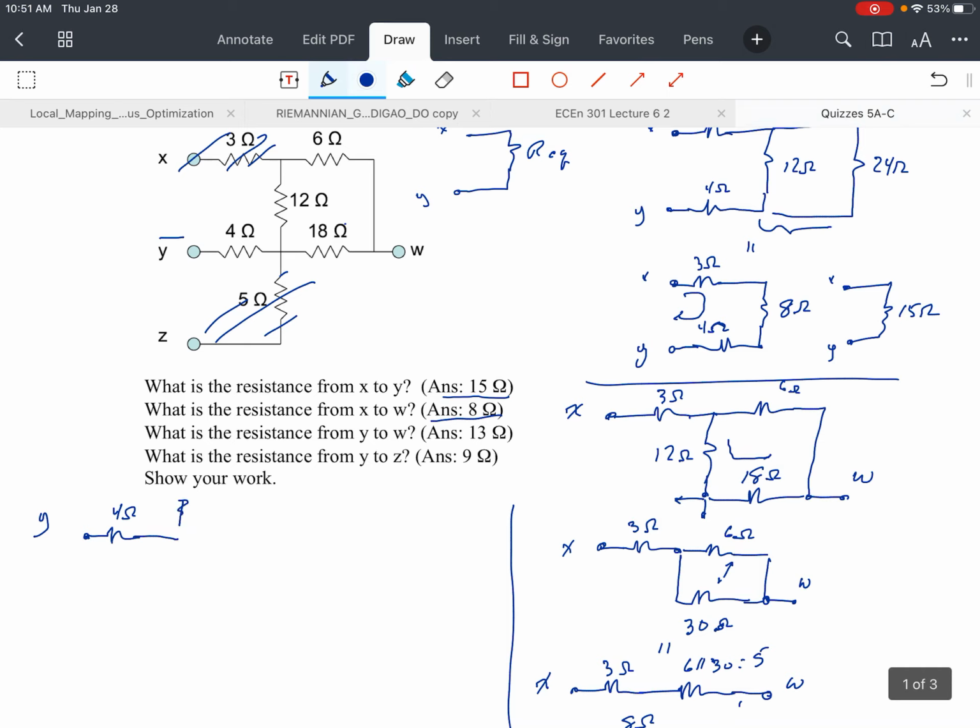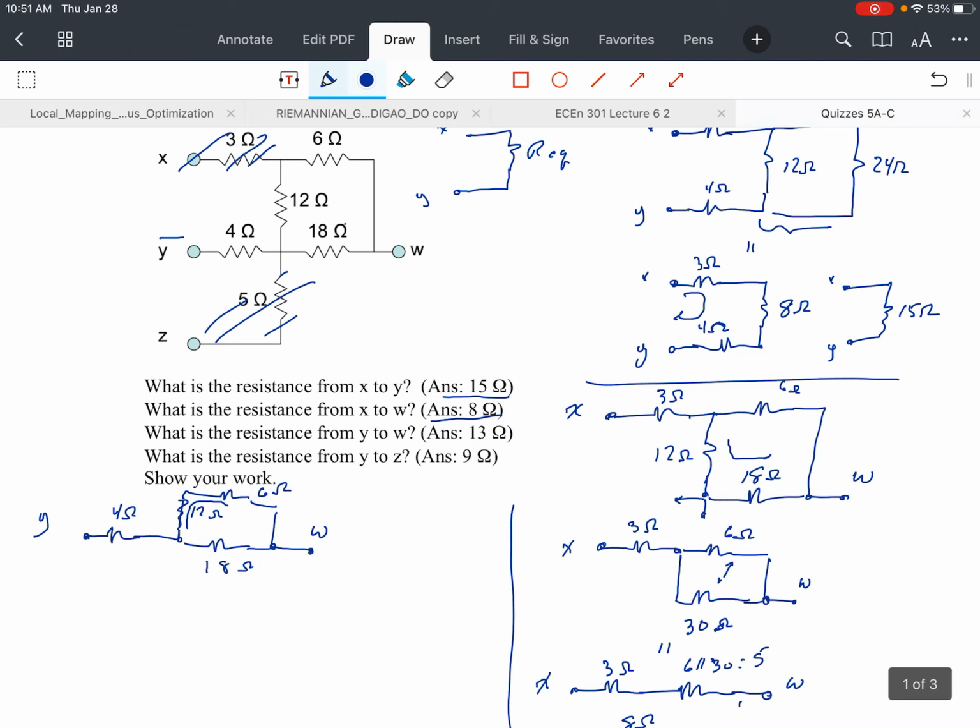There's a 12 ohm resistor here, a 6 ohm resistor there, and then an 18 ohm resistance there, and here's W. Now we notice that in this case 12 and 6 are in series.